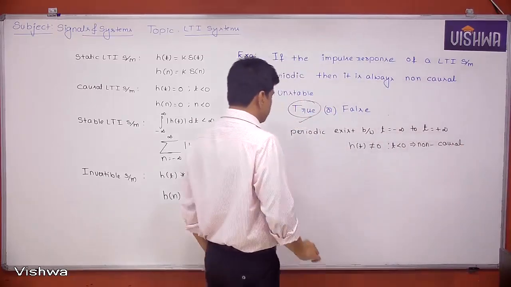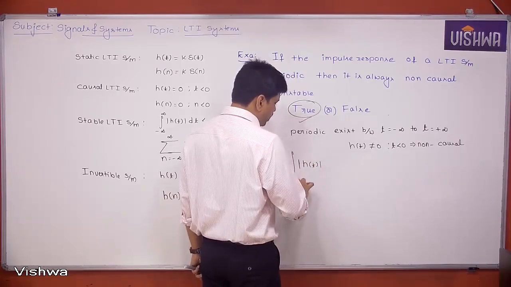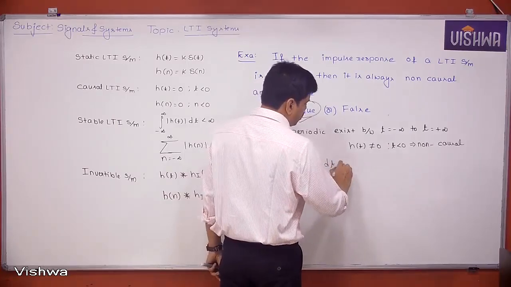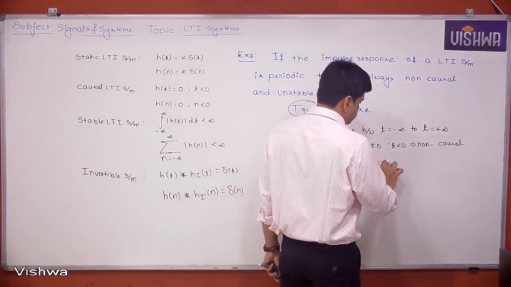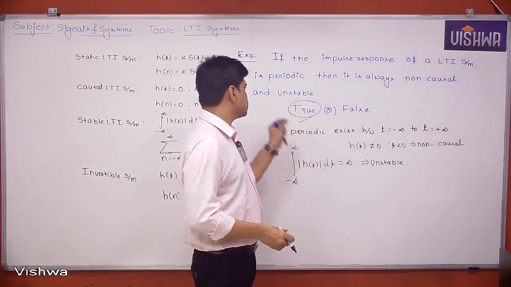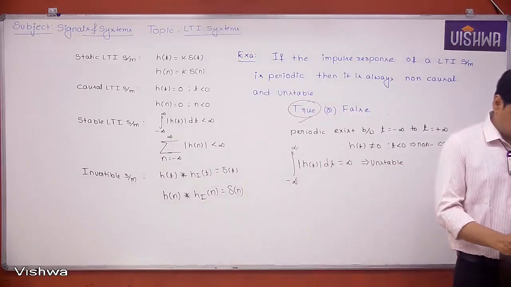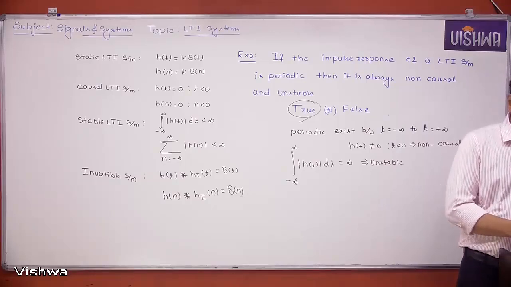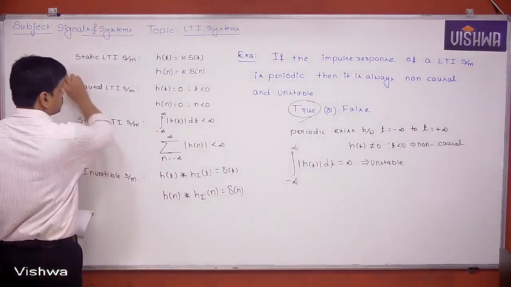And if it is a periodic signal, if you take the modulus and try to find the area under the curve, it is always equal to infinity. That means it is unstable. So because of these two reasons, I can say it is always non-causal and always unstable. Okay, you already got this.